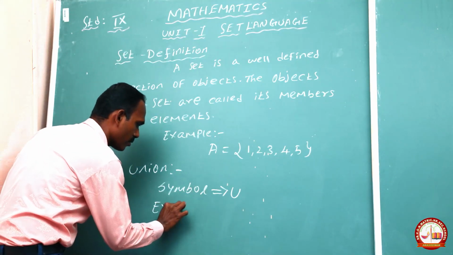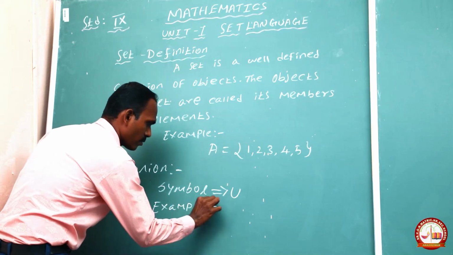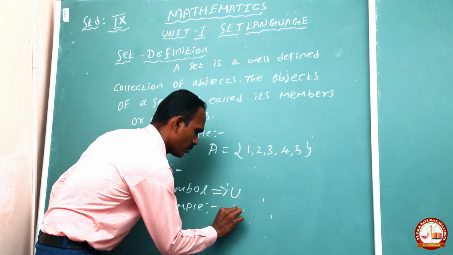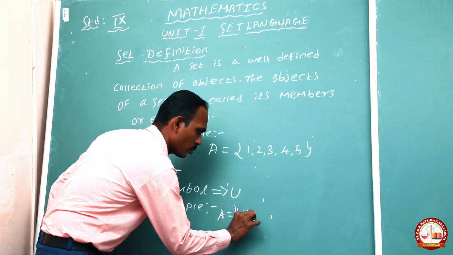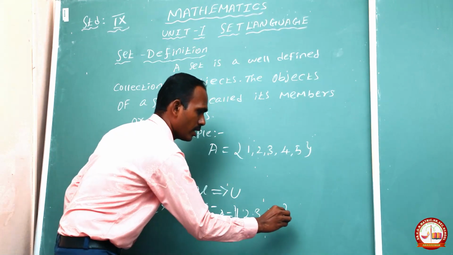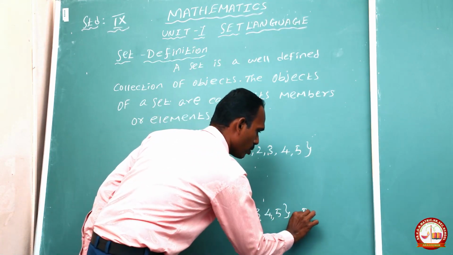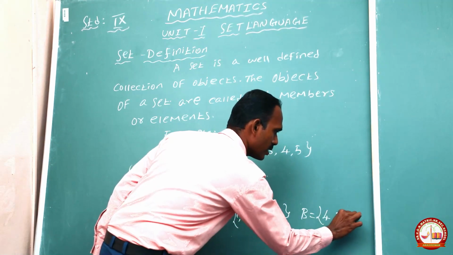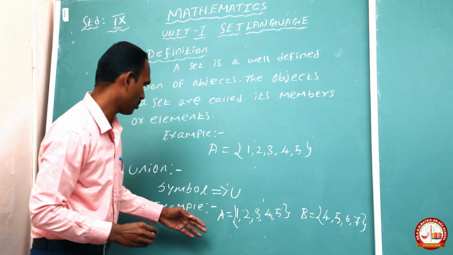Example: A equal to {1, 2, 3, 4, 5}, and then B equal to {4, 5, 6, 7}. Okay.